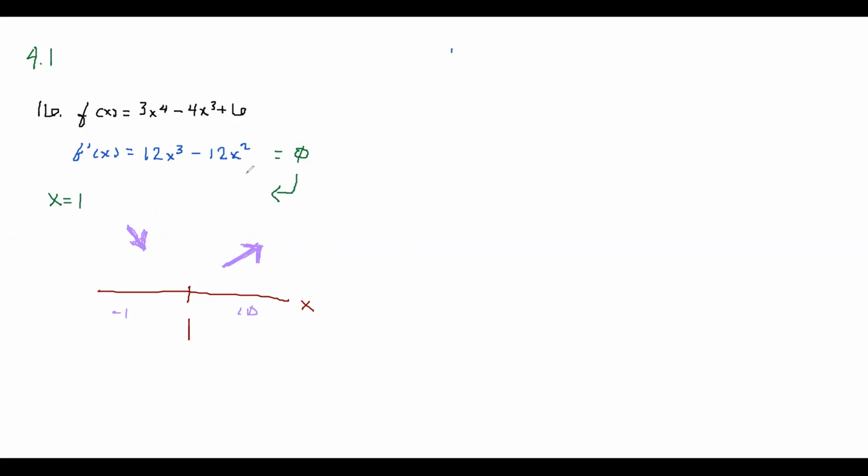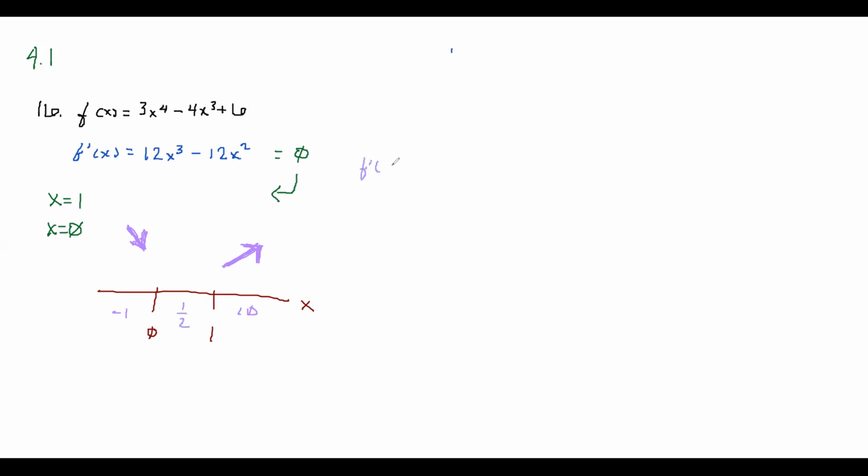I'm thinking that I'm missing something actually. Because if x is equal to 0, then my derivative is also equal to 0. So I'm going to plug that in. Sorry I missed that. So here we have 1, here we have 0, and here I'm going to have a half.